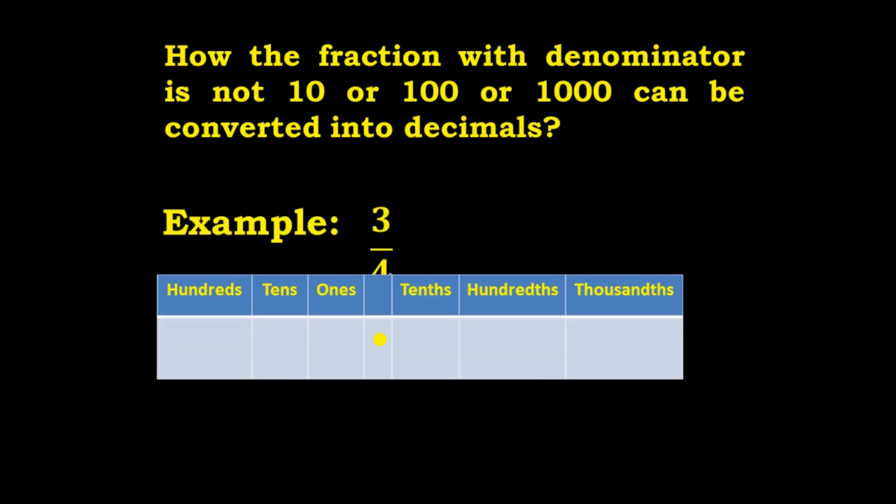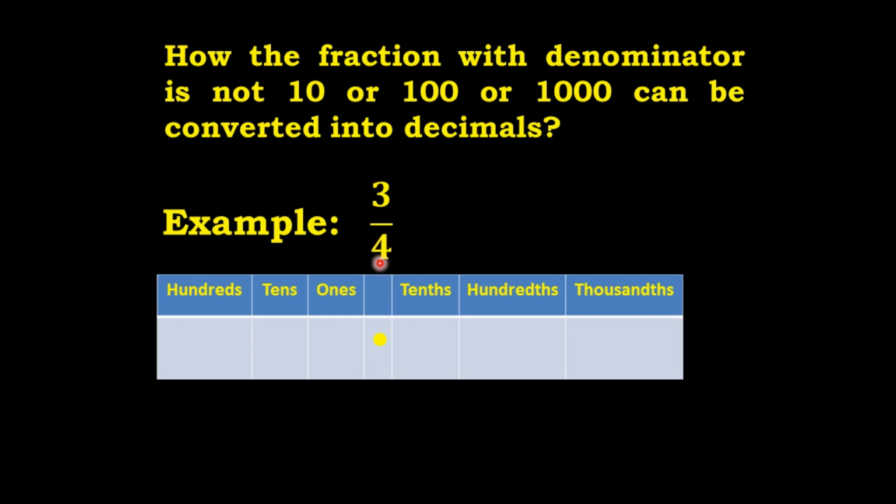Okay, example. We have here 3 over 4. Right? So, applying the step number 1, we must think of a number that we are going to multiply by the denominator to make it 10, 100, or 1000. Alright?